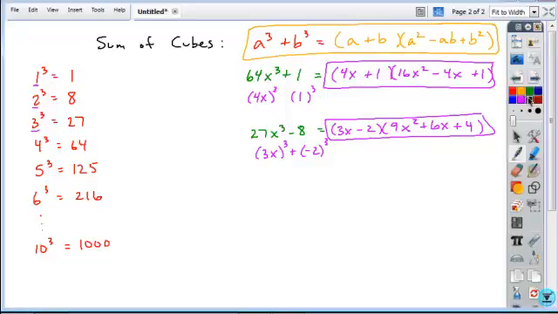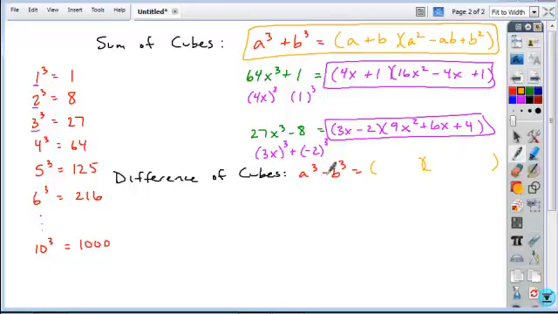Now, you could think of these as two different patterns if you want, because this really is just the difference of cubes. So if you wanted to think of the difference of cubes as its own pattern, you could. A cubed minus b cubed is going to have a binomial and trinomial factor.